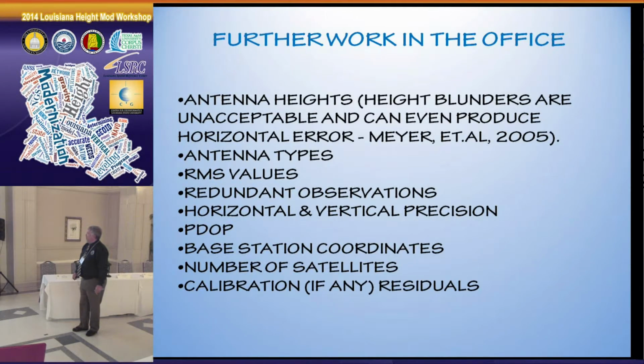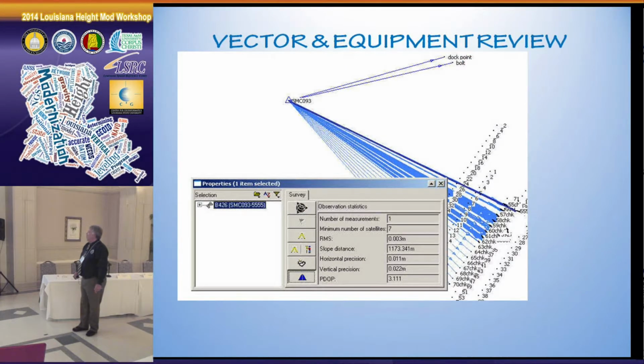We talked about tree canopy. You can look at a bunch of stuff in the office. You can't change too much, but you can look at it. Slope distance, horizontal precision, vertical precision, PDOP, number of measurements, satellites, that sort of thing.